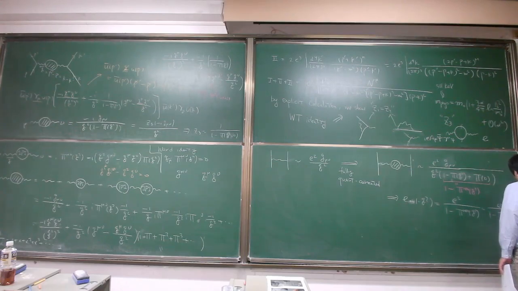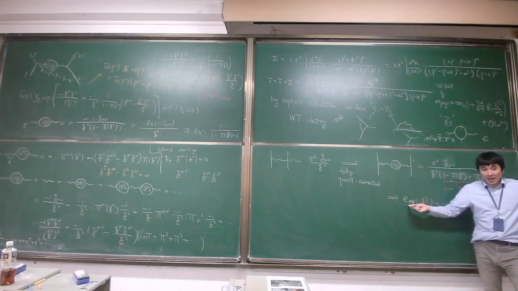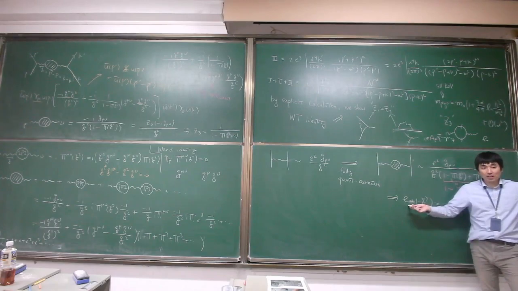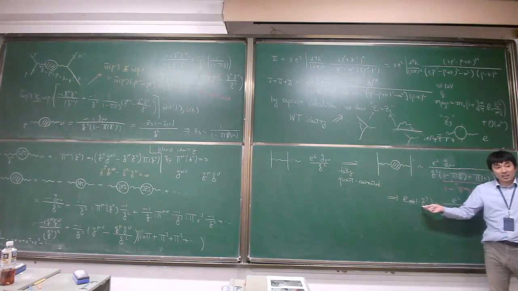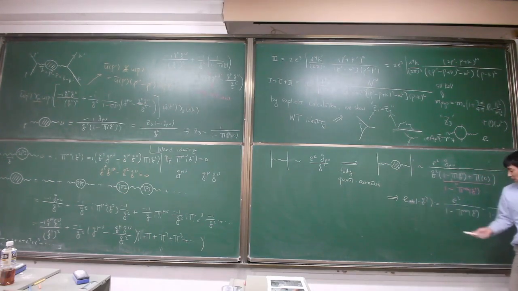So this is what we have. The effective electron coupling constant at the energy level minus Q squared, really you need to compute pi. It really depends on energy.